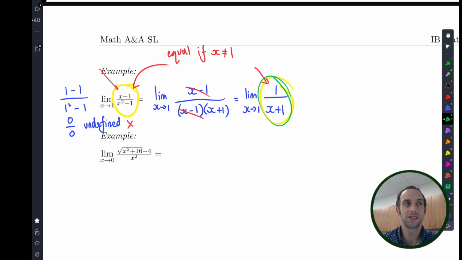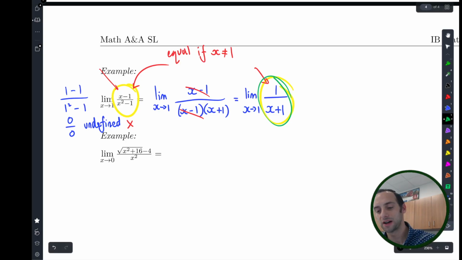We're allowed to cancel it because we're doing a limit. And as we saw previously, limits are not interested in what happens at that value, just as we get infinitely close. So as long as we're not at 1, these are equivalent. We know with limits, we're not actually at the value, so these are the same.